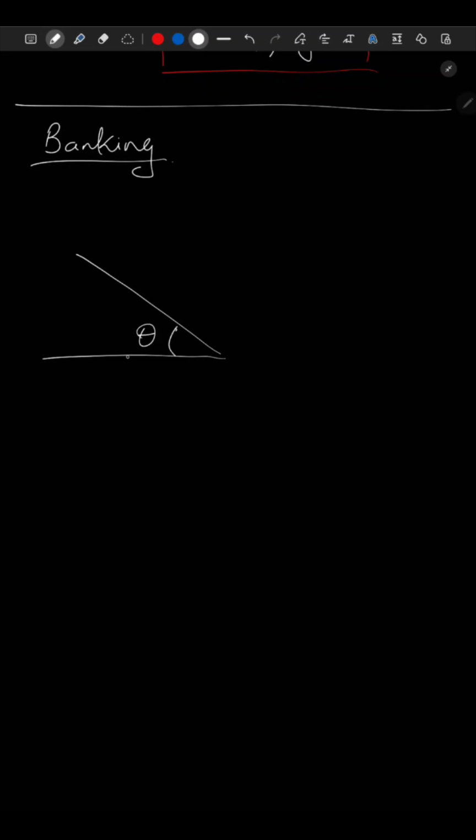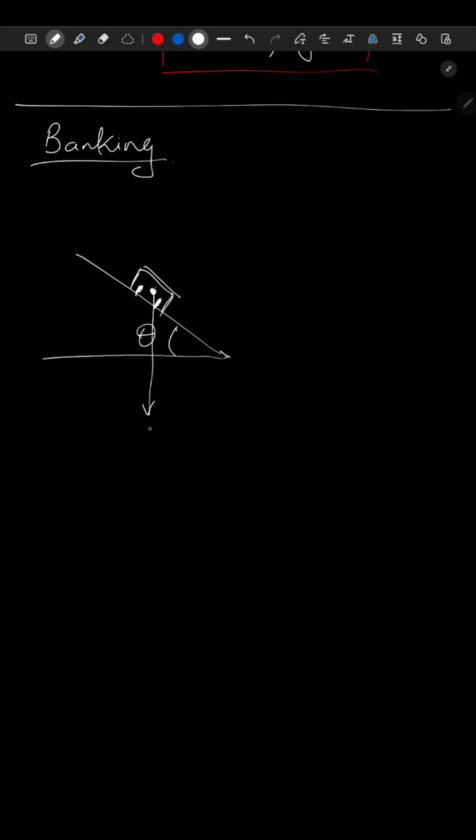So it is an inclined plane, and it is going around. Let's suppose it is a car. These are the tires of your car, and it is going towards you.